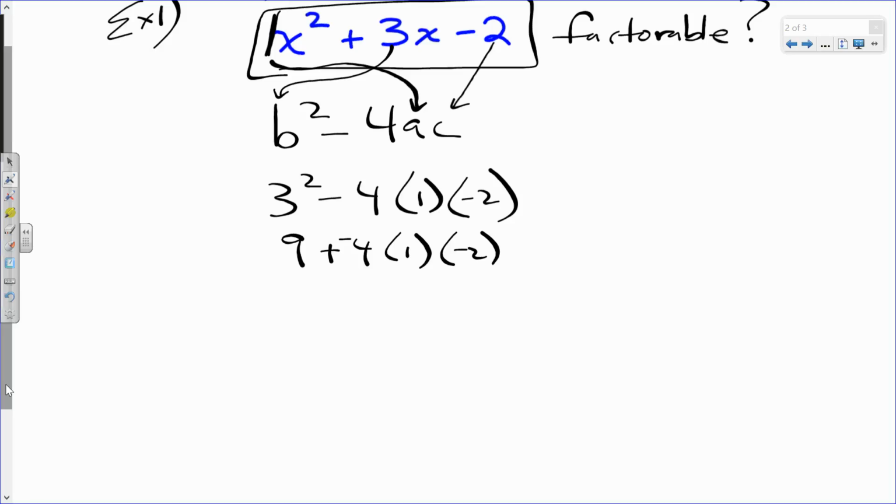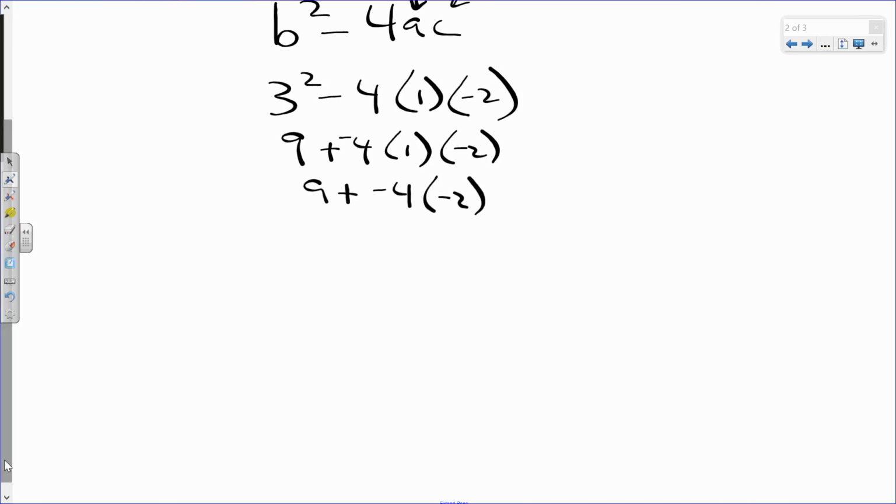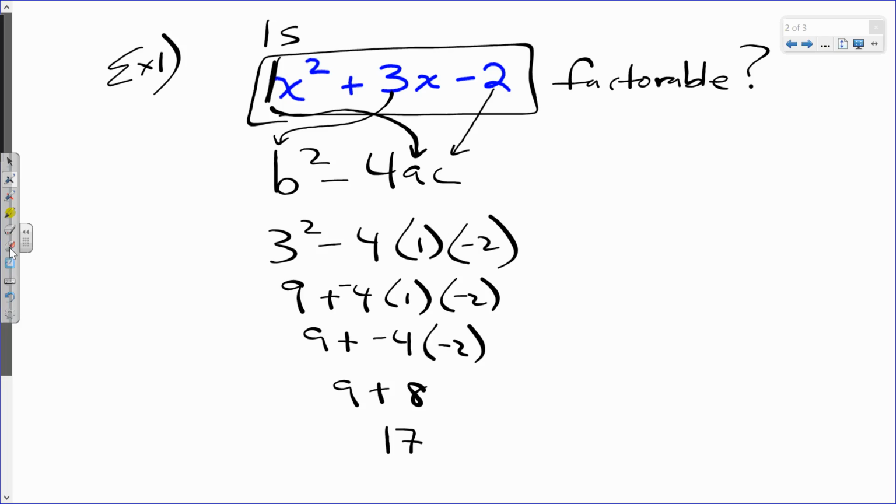So -4 times 1 will be -4. Negative times negative becomes an 8. 9 plus 8 is 17. Now, is 17 a perfect square?